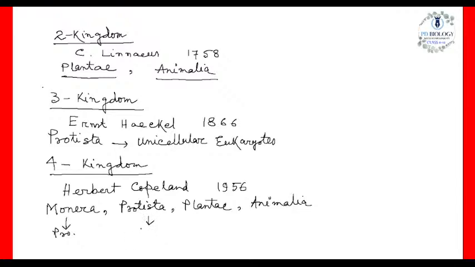Protista include unicellular eukaryotes. Plantae, the photosynthetic group, and Animalia, the non-photosynthetic. So these are the four kingdoms by Herbert Copeland during 1956. But there are also demerits. See, the fungi is non-photosynthetic but grouped under Plantae. So it's a fault.